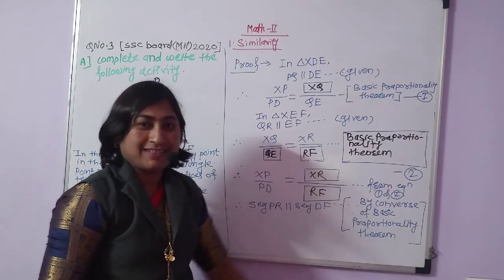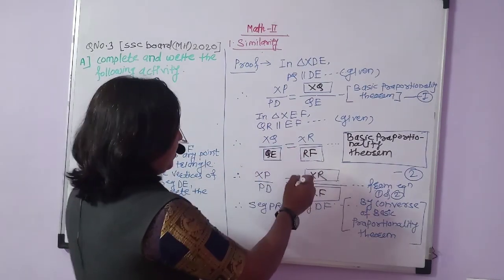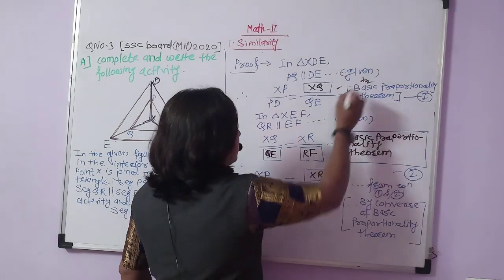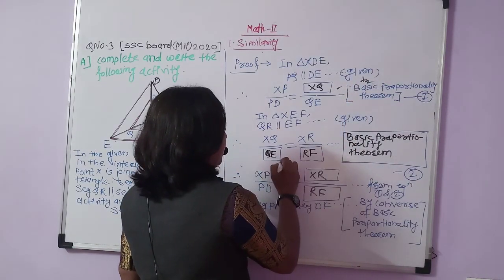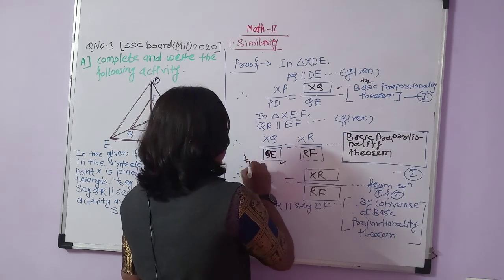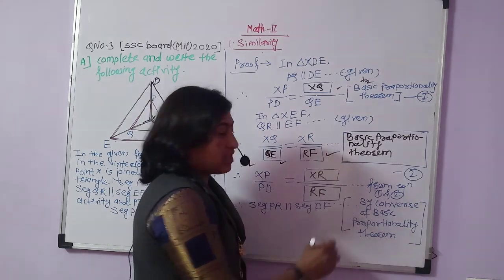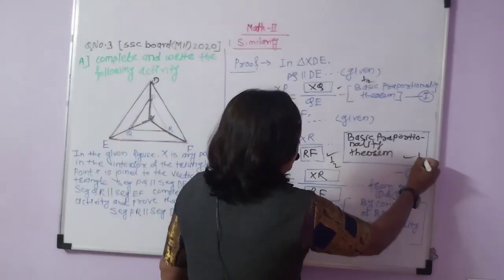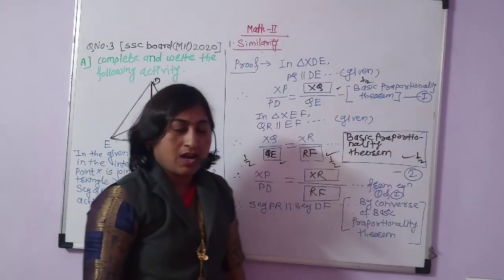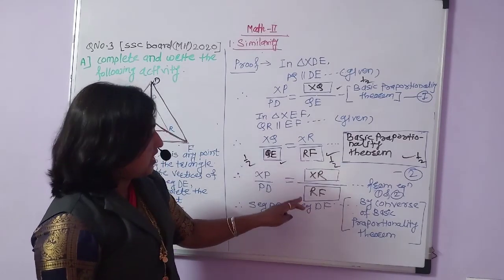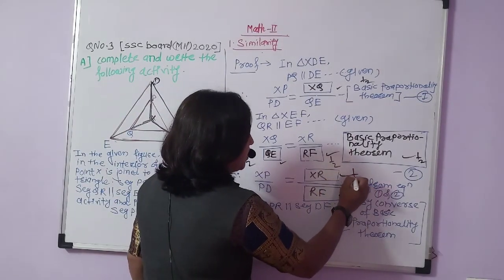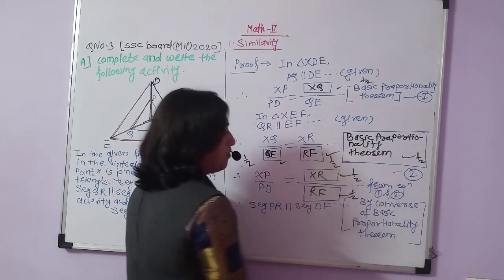Understood? For every filling of the blanks we get half marks. For this correct filling we get half marks, and for this filling we get half marks. Also for this filling we get half marks. And finally, for these two blanks, the proper correct answer, we get half marks.